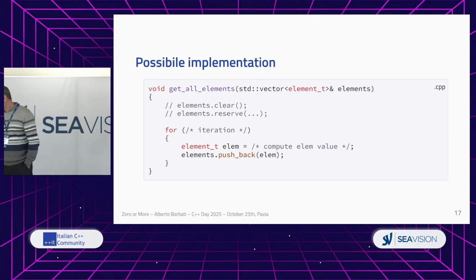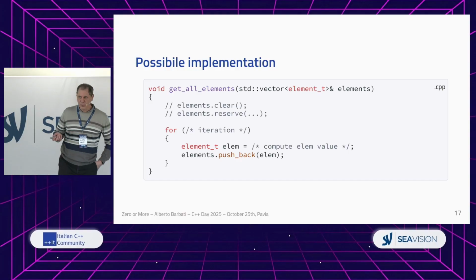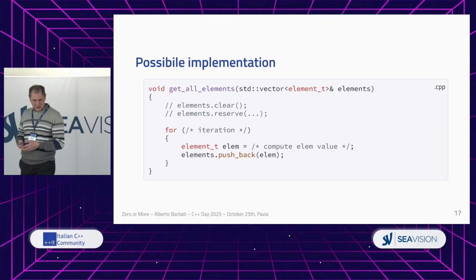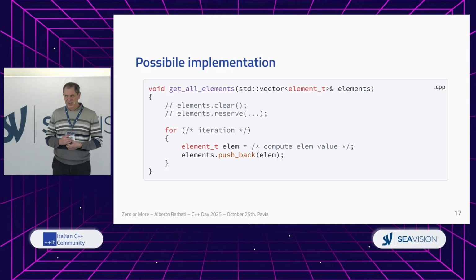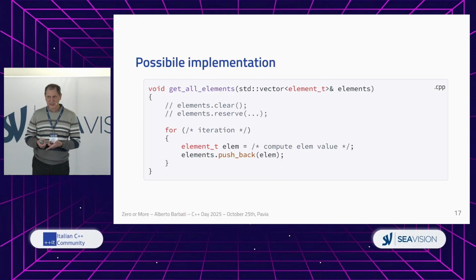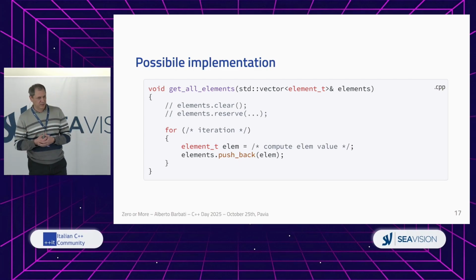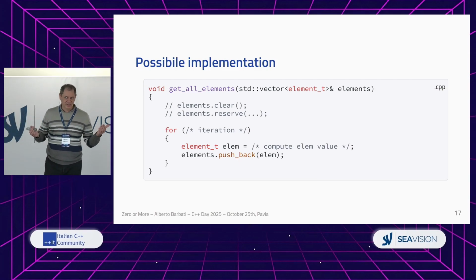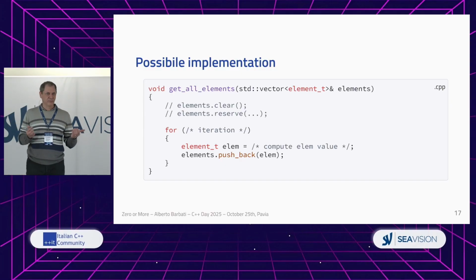For example, I work with the Unreal Engine, and a few APIs work with the TArray, which is the equivalent of std vector, and the name suggests that they return some objects, but they actually are appending the objects to the vector. And that may be surprising if you don't know it at once.